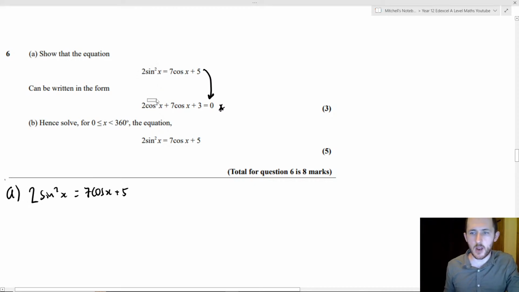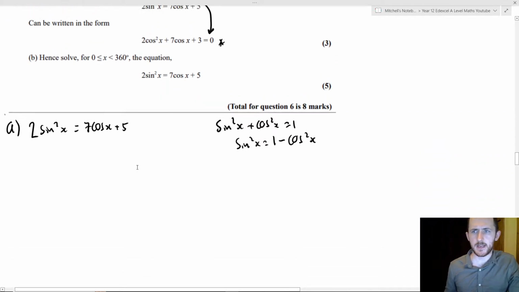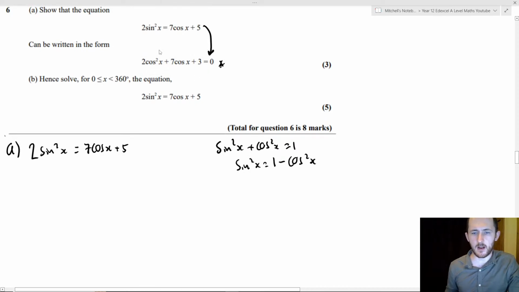So I need to get rid of sine squared. The only way I know of doing that is by using the expression sine squared plus cos squared equals 1. So if I want to replace sine squared, I get sine squared equals 1 minus cos squared. So let's sub that in, shall we? And again, we're going to keep looking back at this to see if we're getting close to the answer.